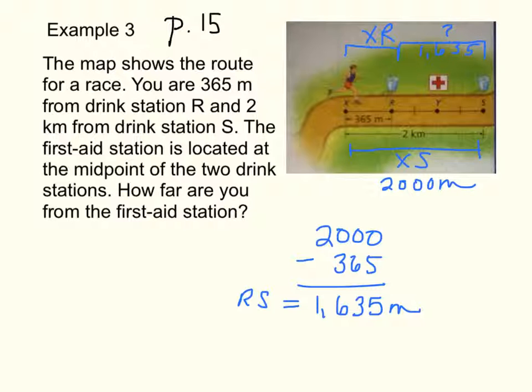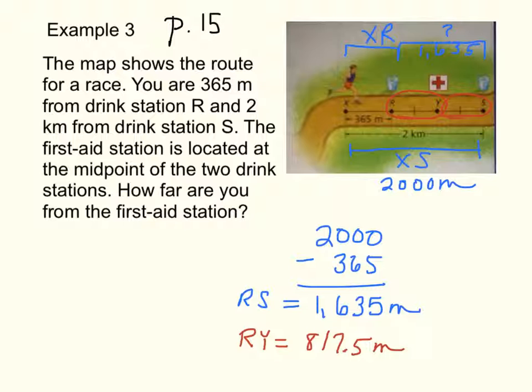We know that Y is the midpoint of segment RS. So if RS is 1,635, well then RY, right here, and YS are each going to be half of that. So half of 1,635 gives us RY, which is 817.5 meters.